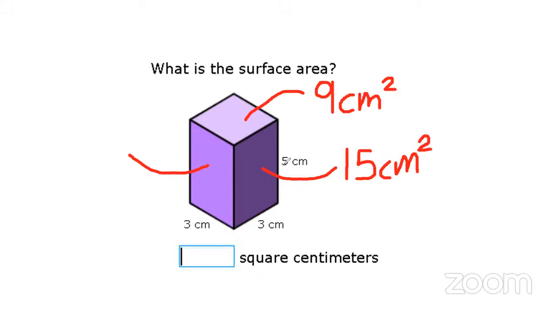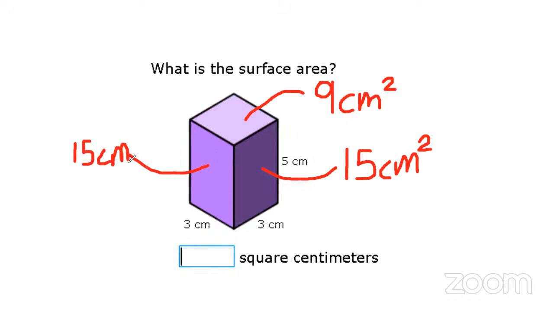So we know that the area for this face is the same area for the one behind it that we cannot see. Now for this face here, we have 3 centimeters here, and this part is 5 centimeters, because right here is 5 centimeters. So here is also 5 centimeters. So we're going to multiply the length times the width for this face, which is 3 centimeters multiplied by 5 centimeters. And as Michaela says, that is 15 square centimeters. We're going to write that here.